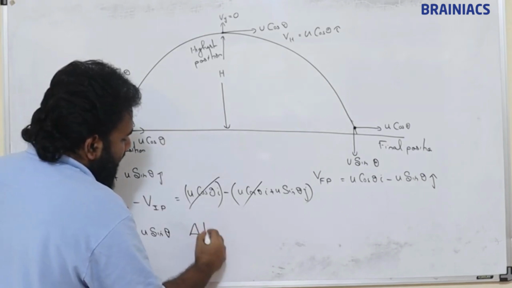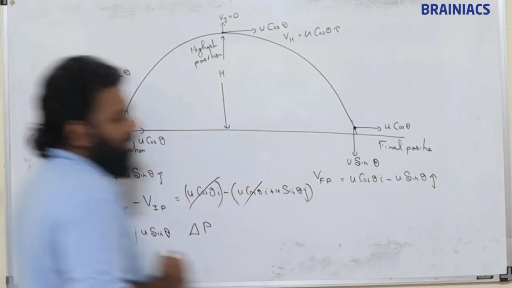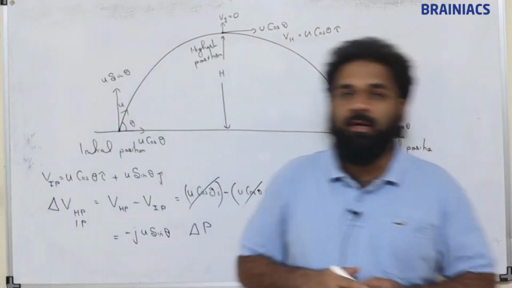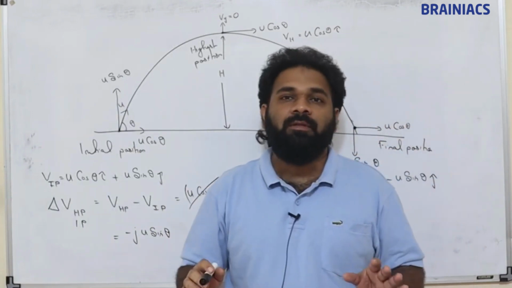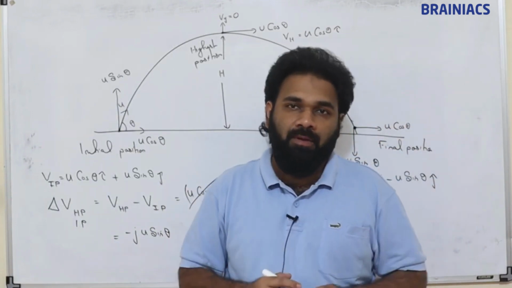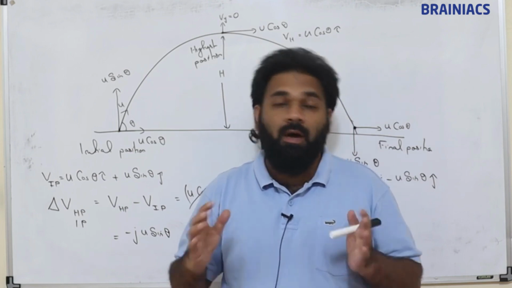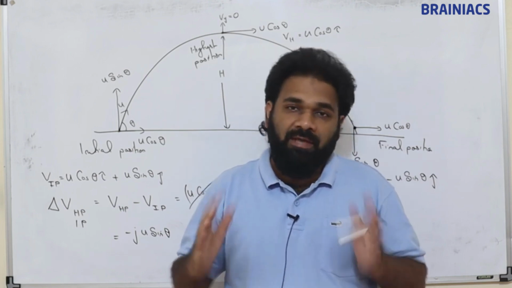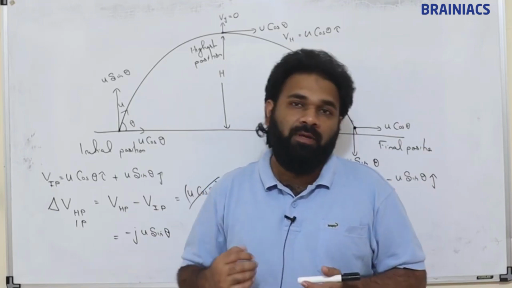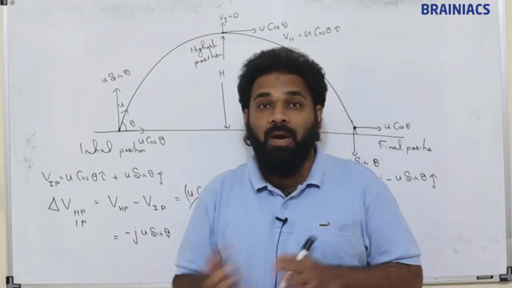Now, what about change in momentum? What is momentum? You have studied it in laws of motion; it is nothing but the quality of a motion. Quality of motion means how much effect it is going to make if it hits something. Mass into velocity.